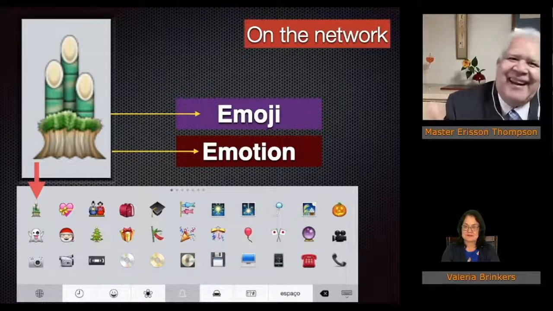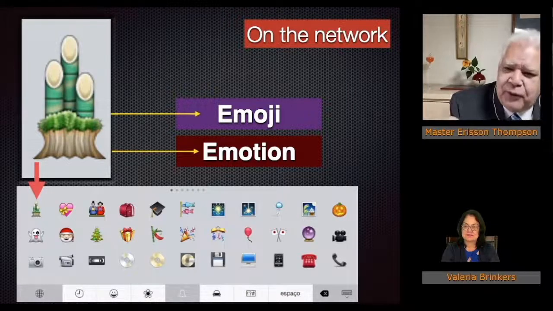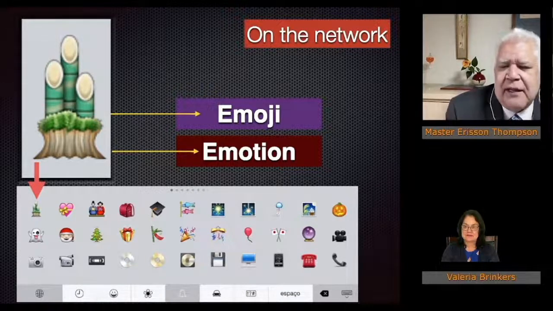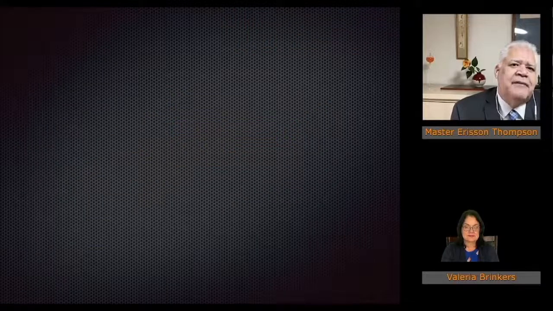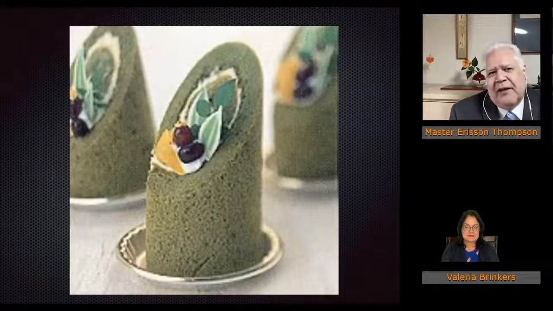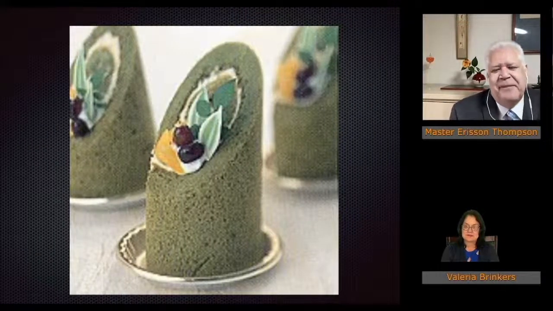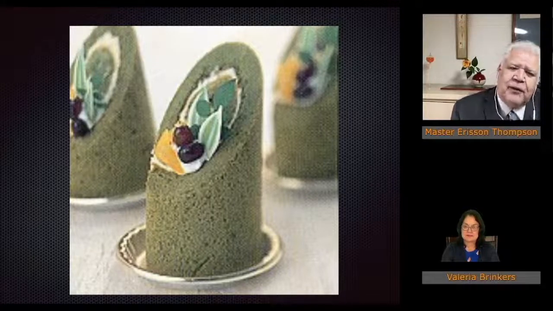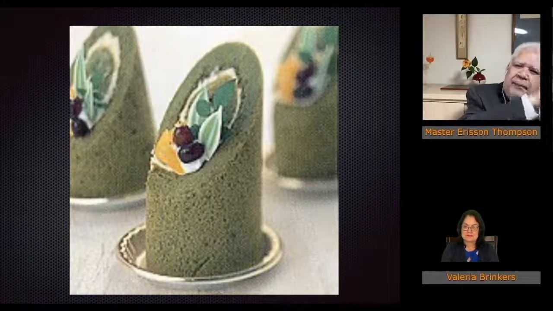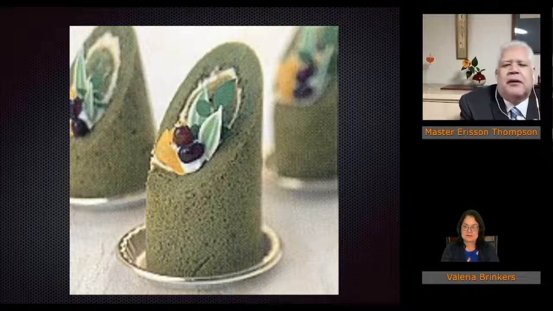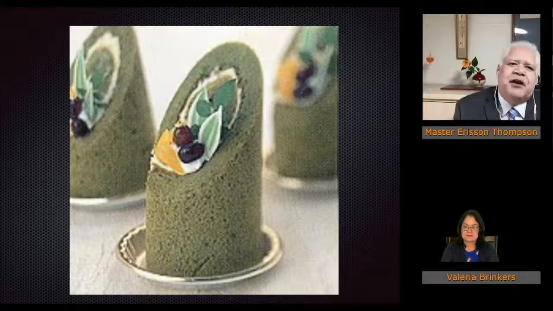Even technology is using symbology. In this photo, a dessert, a cake, using the image of the kadomatsu. The symbolism used in Ikebana, in cooking, and so on.